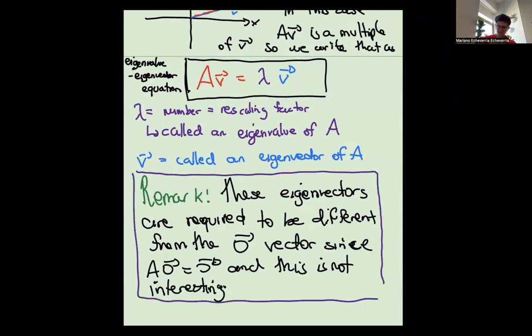When we're trying to find eigenvectors, we're trying to find nonzero vectors. Otherwise, the problem would collapse and it wouldn't be too exciting.